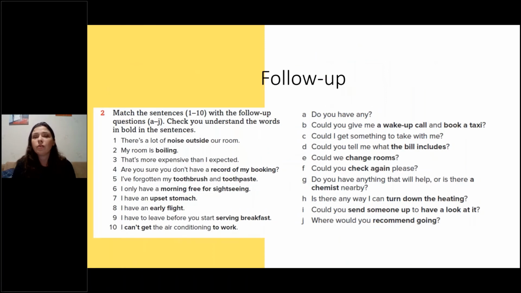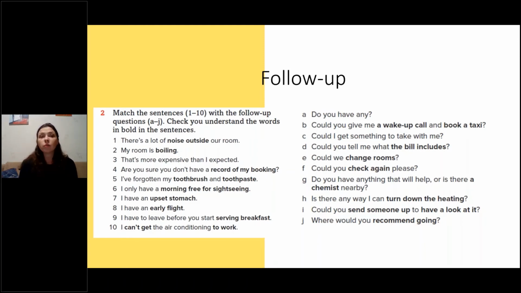What can you do? What interesting activities you can do with that? For example, here we need to match sentences together with follow-up questions. And what can be done after that? Any ideas how we can practice it?